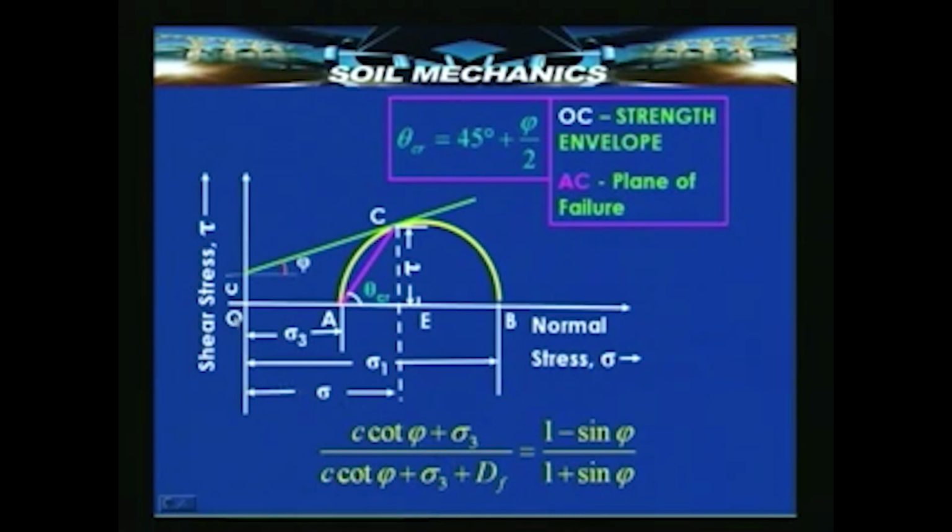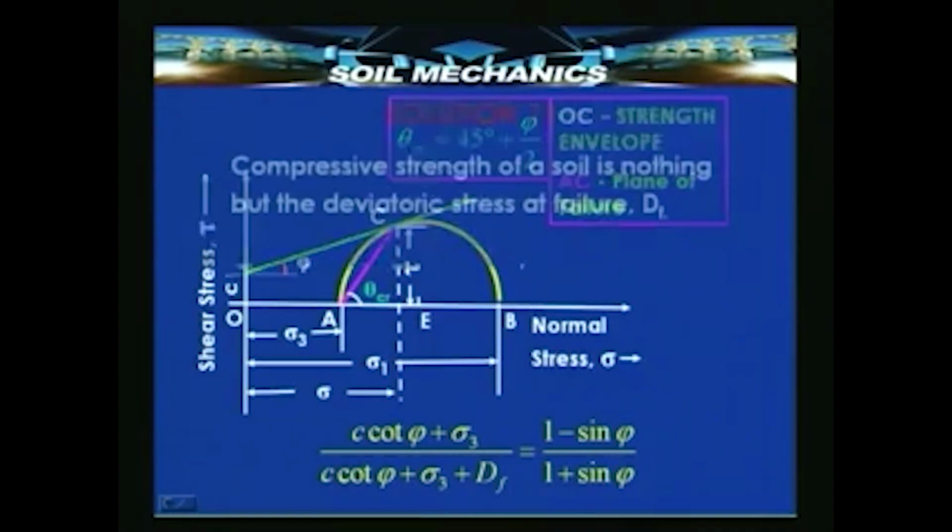C cot phi plus sigma 3 is the distance from the shifted origin up to the point A, and C cot phi plus sigma 3 plus sigma d, the deviatoric stress, that is, or df at failure, is the total length here. So, one divided by the other can be shown to be equal to 1 minus sin phi by 1 plus sin phi. This is simply a modified form of writing an equation which we saw a little earlier in terms of tan square 45 plus phi by 2. So, from this equation it is very easy to calculate C and phi, and that is what we will do.